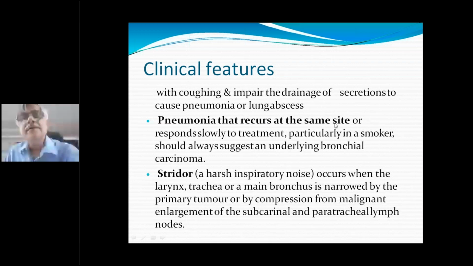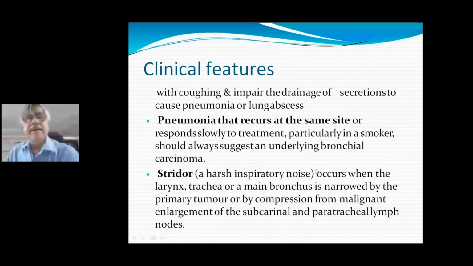So if he gets pneumonia frequently, at the same site, then it is bronchogenic. If the patient is a smoker, an elderly individual, with recurrent pneumonias in the same area, you must always suspect a bronchial carcinoma.